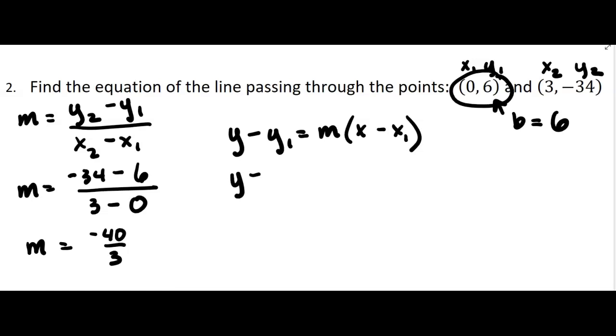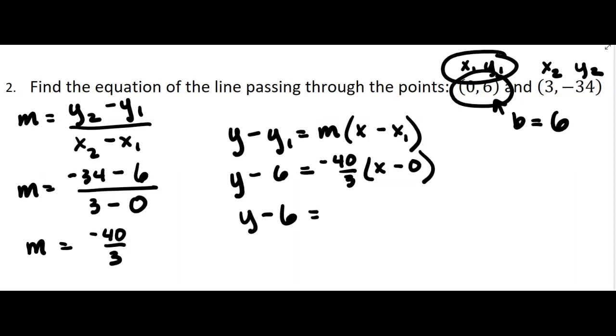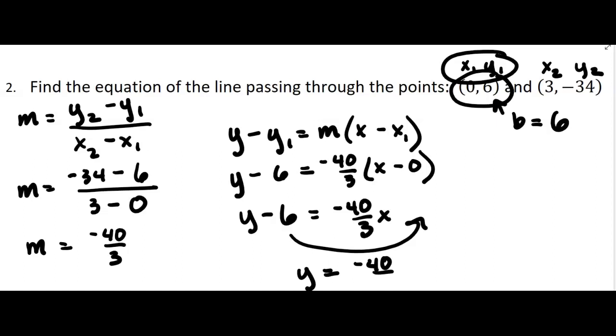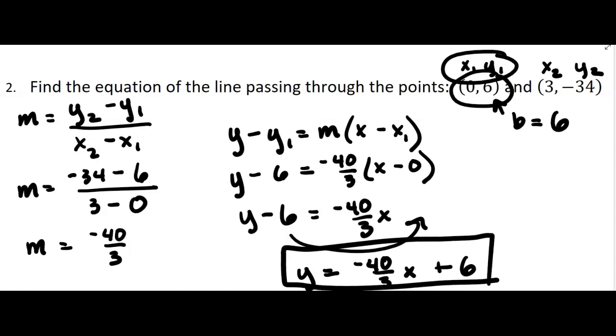So y minus 6 equals that slope we just figured times x minus 0, because you already have the x sub 1 and y sub 1. Okay, so that gives you y minus 6 equals negative 40 over 3 x. And then you just have to add the 6 over, so you get the equation y equals negative 40 thirds x plus 6. Most people that got it right had it in that form.